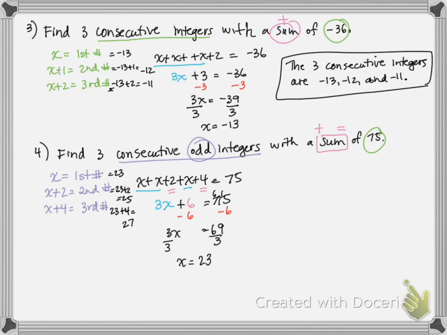They're in consecutive order. So the answer would be the 3 consecutive integers are 23, 25, and 27.